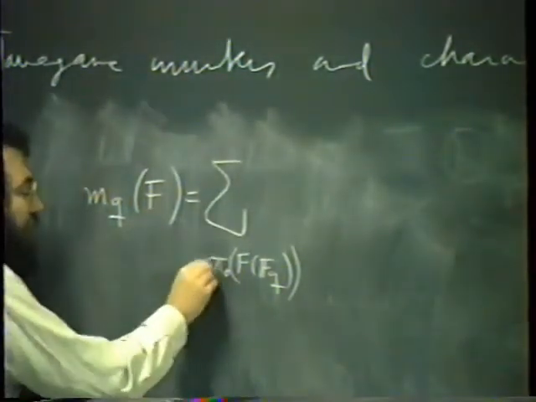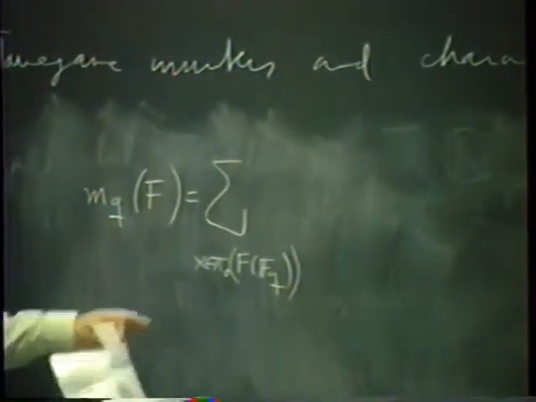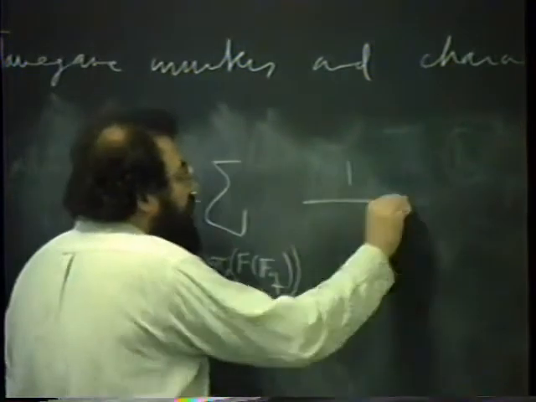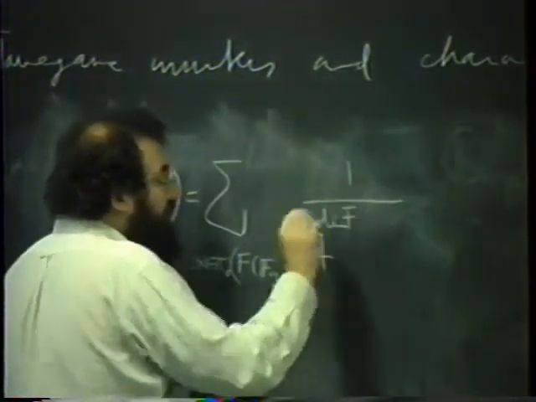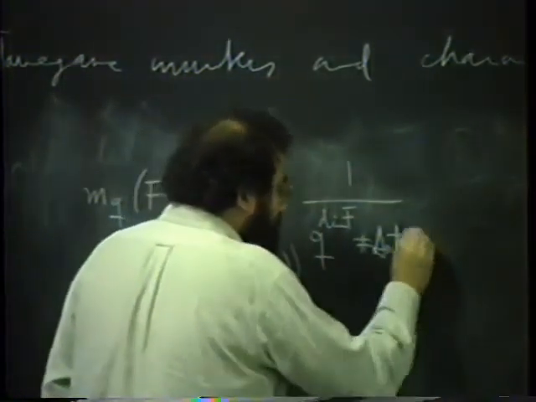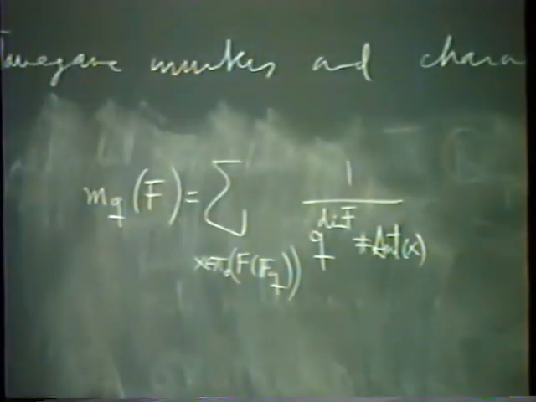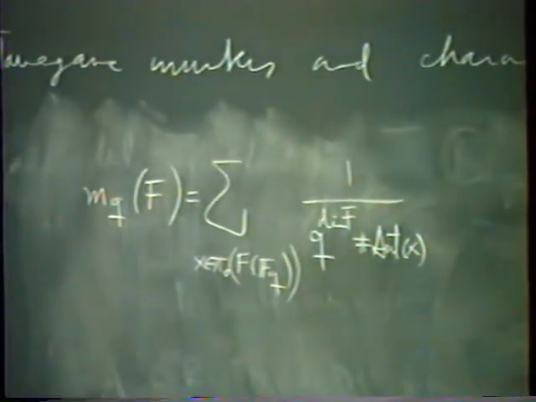We can sum over those. If this were an algebraic variety, that would just be the points. And now we take 1 over q to the dimension of the stack times the number of automorphisms of x. Of course, the idea for this essentially goes back to Eisenstein, and we've seen how useful that is in the case of quadratic forms. So all these automorphism groups are finite in your situation, right? Right, if this has nice finiteness properties, yes.